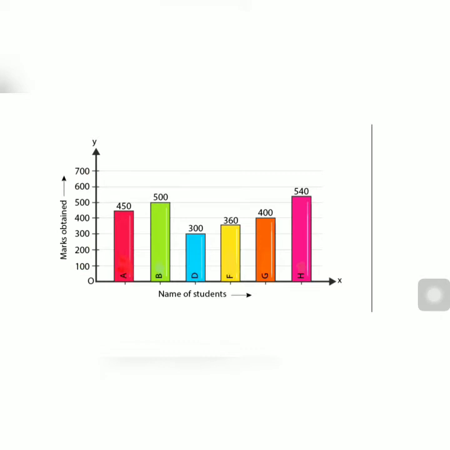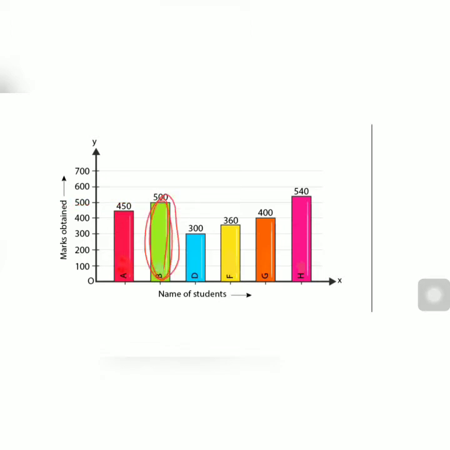Here we can see that child A has got 450 marks, so accordingly the height of the bar is drawn till here, because this mark is approximately 450. Child B has got 500 marks, so the height of the bar associated with child B is till here.